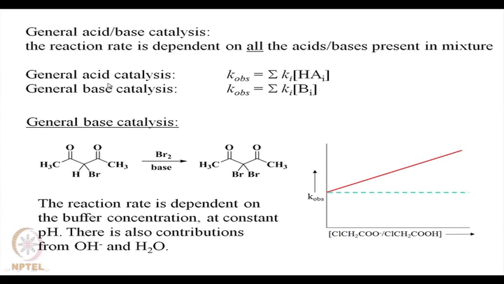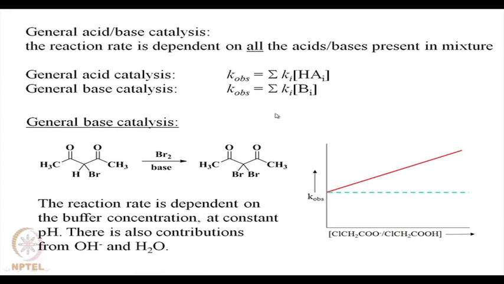So, for general acid catalysis, there is contribution of all the HAs present, and for general base catalysis, contribution from all the bases present in the mixture. So, the observed K is the contribution from your individual acids or individual bases.